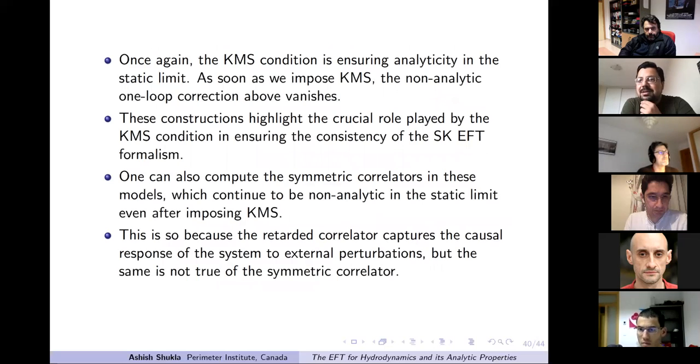The causal physical response is captured by the retarded correlators, and that is where this analyticity must come about, which it does if you impose KMS. What I want to say is that computing the symmetric correlator from the retarded correlator, etc., are the tree level things. Once you include all these loop corrections, those results will also start getting modified.